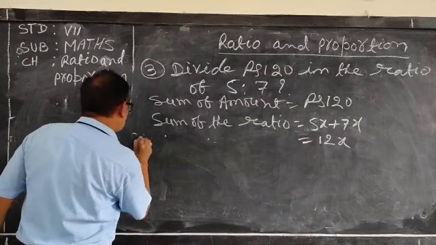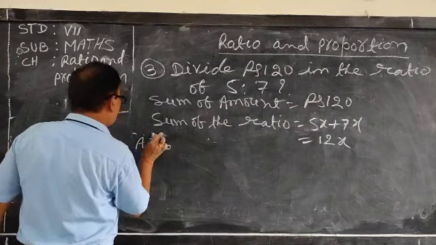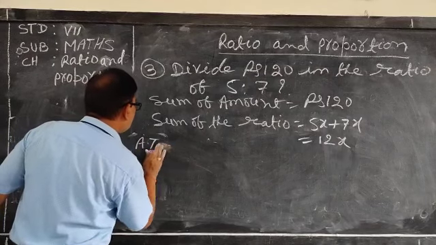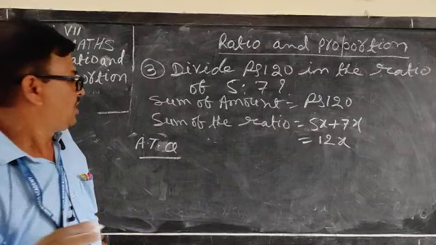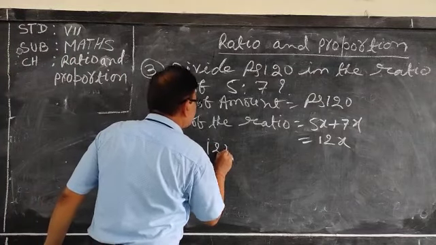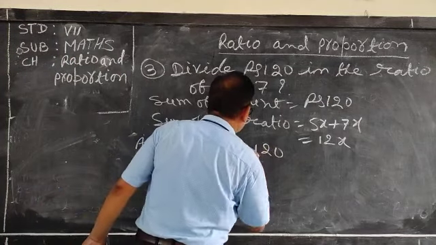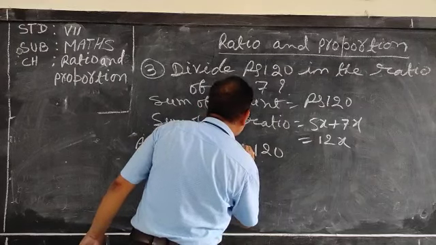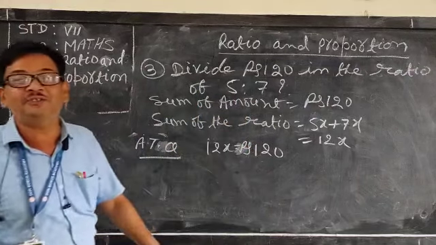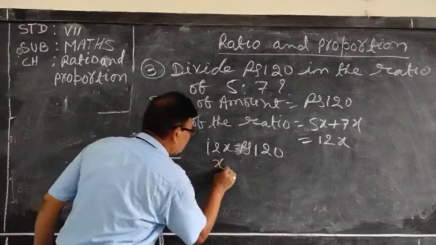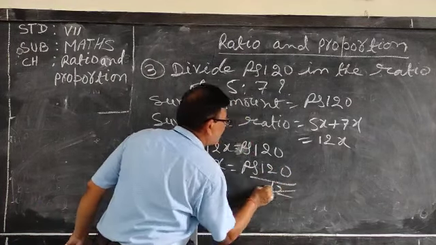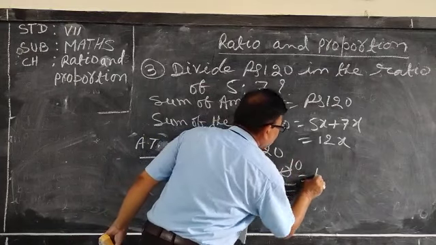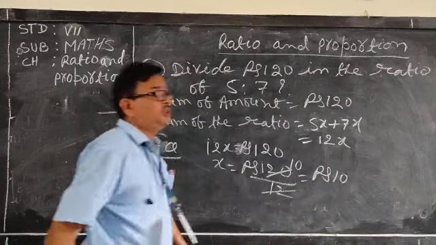Now, according to the question, please listen, the total money is 120. It means 12x is equal to 120. Unit must be written, so rupees 120. x is equal to rupees 120 by 12. What will come? Rupees 10.